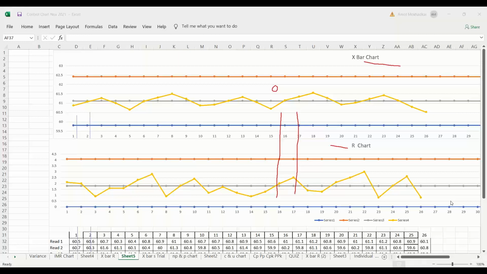For example, if you know that your process is running 24/7, and you know that whatever the variations will be there will be captured if you take say 3 days data and all 3 shifts and 3 days data, so it will be 9 shifts data total, and in every shift maybe you are taking 4 readings, 5 readings, so that time you need to take almost around say 30-35 data. So it doesn't depend on the number of data, basically it depends on how you are going to capture the variation of the process.